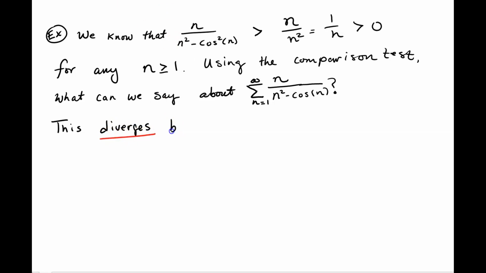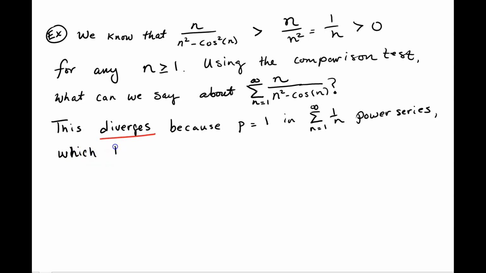This diverges because, as you can see, p equals 1 in the summation from n equals 1 to infinity of 1 over n. Now, in a previous video, we've discussed this before, and we said this was a very special case that diverges.